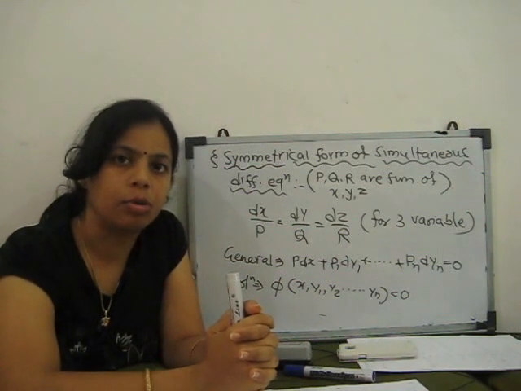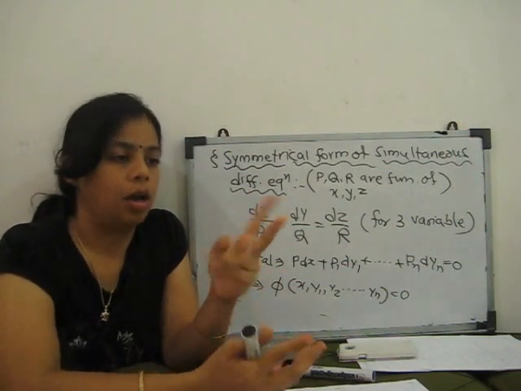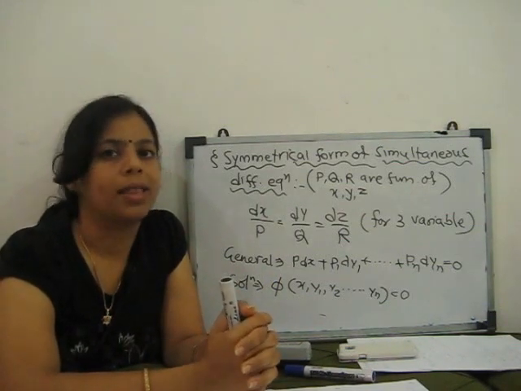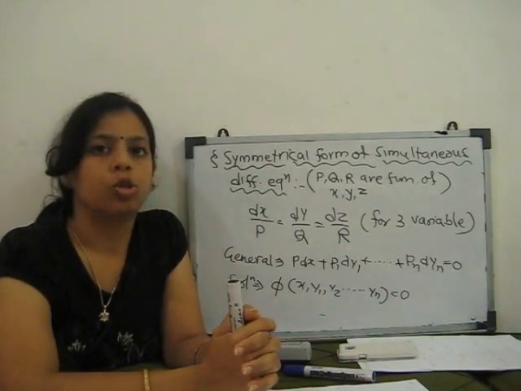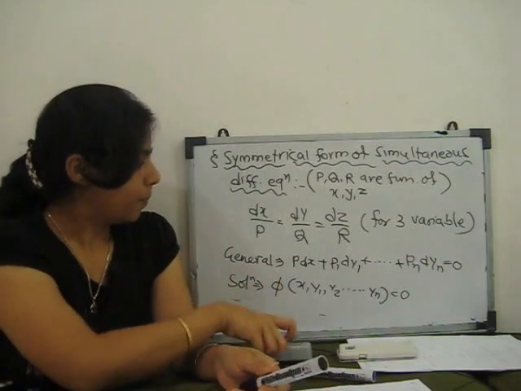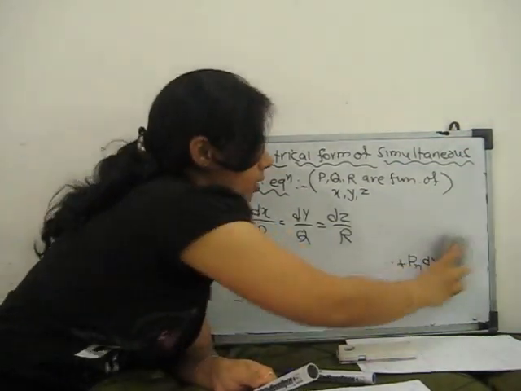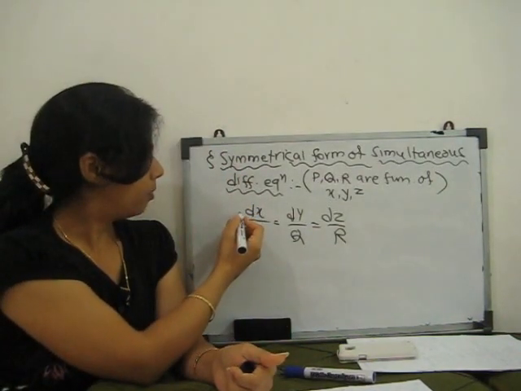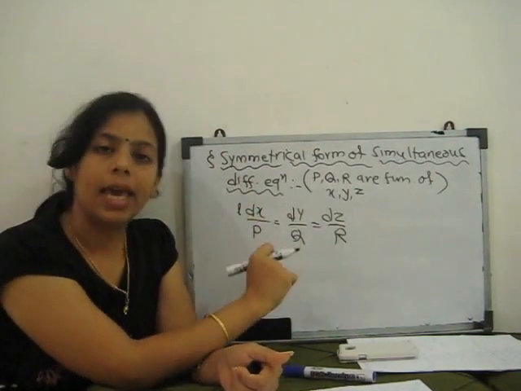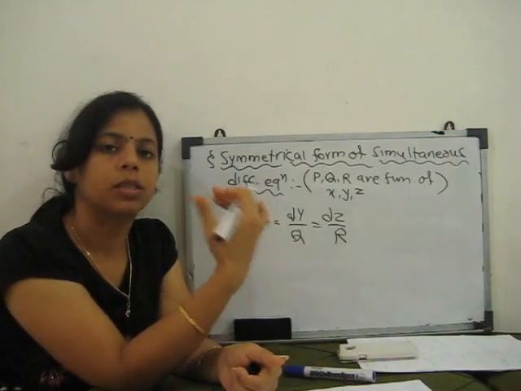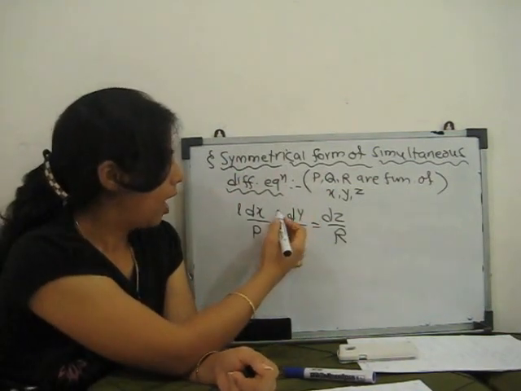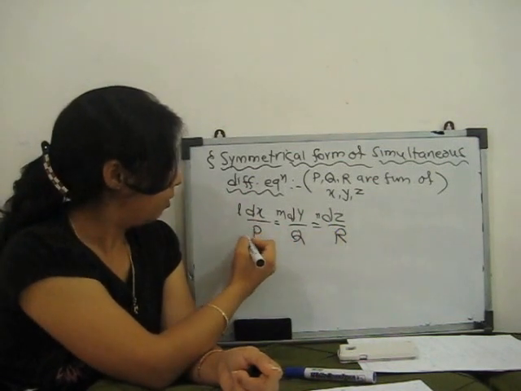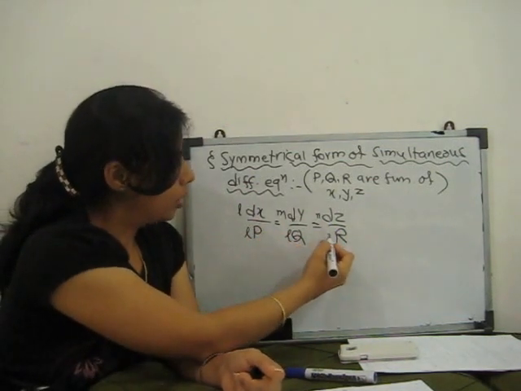Sometimes if we are not able to find the solution with any two combinations, then we use the method that is called the method of multipliers. What is the method of multipliers? We have to multiply, for example, by l, m and n, where l is either any constant or a function of x, y, z, anything. If we multiply the numerator, then the denominator also, and then add.